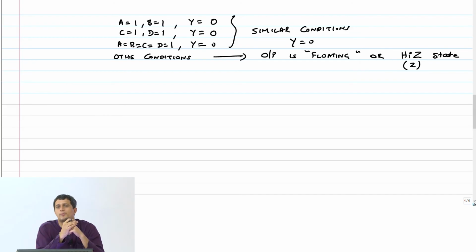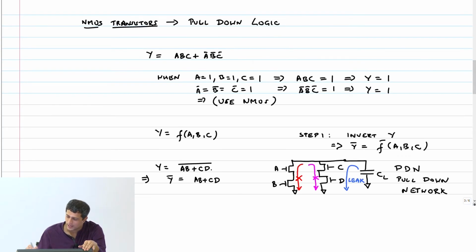Now, what about the pull-up network? In certain other conditions, I want the output to go high, right? So that I have not yet done. If you take my thing where I inverted, I got f bar of A, B, C, D. Then I now need to do something in order to implement the pull-up stack. So what do you do there?